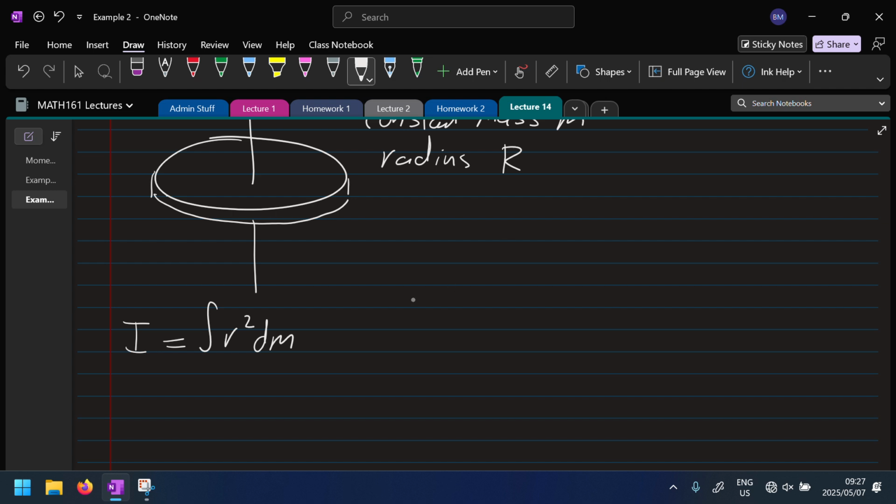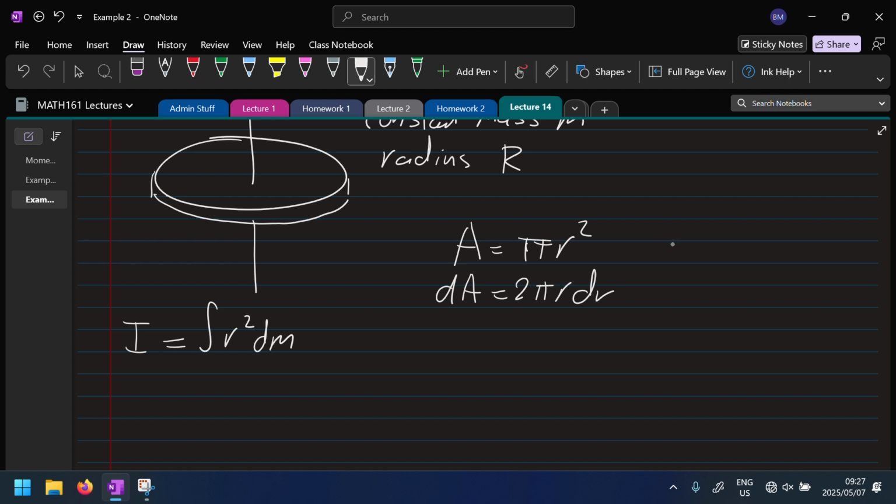So we know that this disk has some area A, which is pi r squared. Then we need dA for that substitution. So dA is going to be 2 pi r dr. What about the mass density?